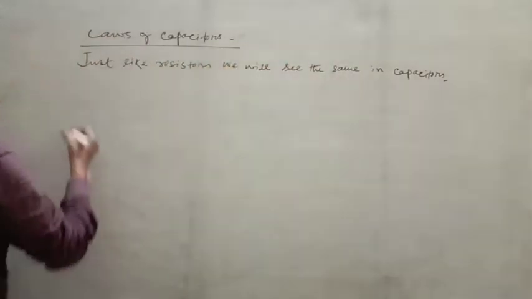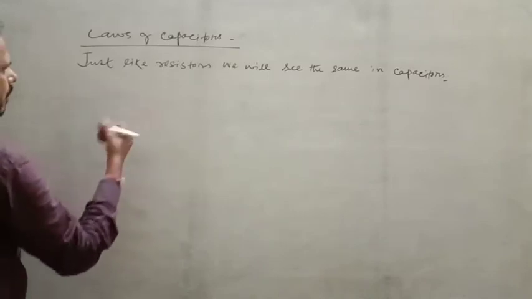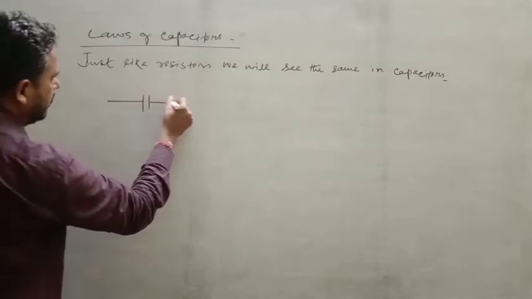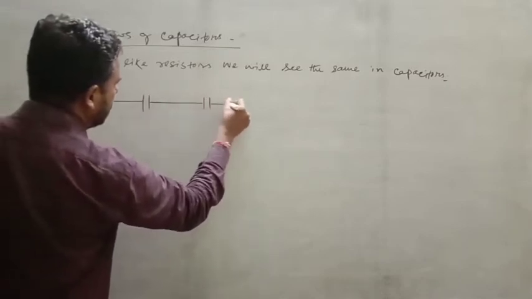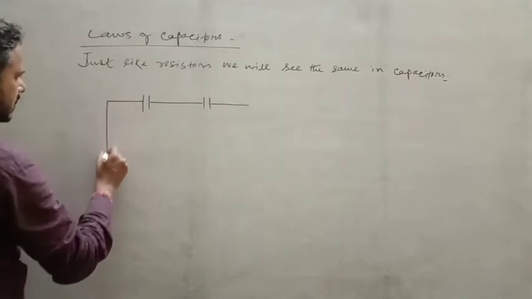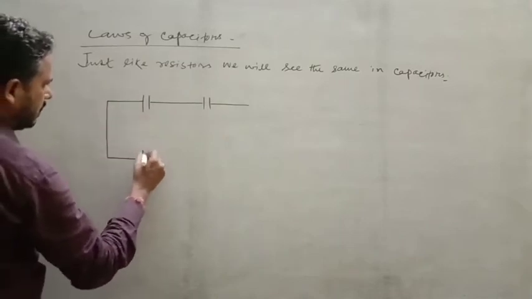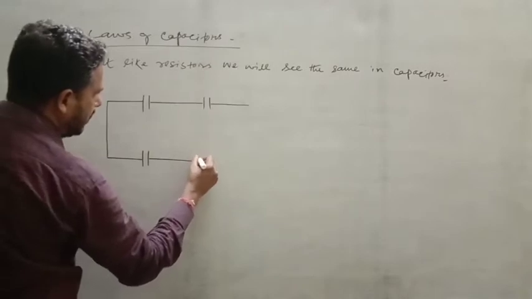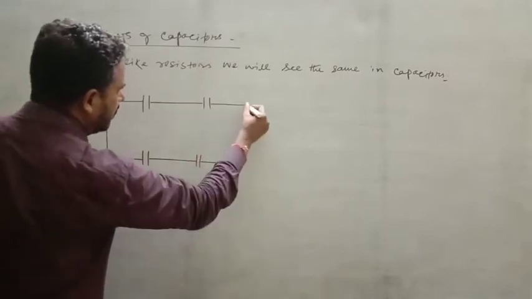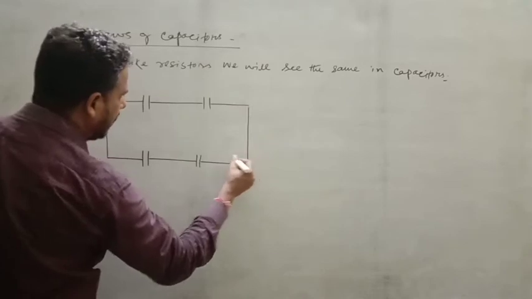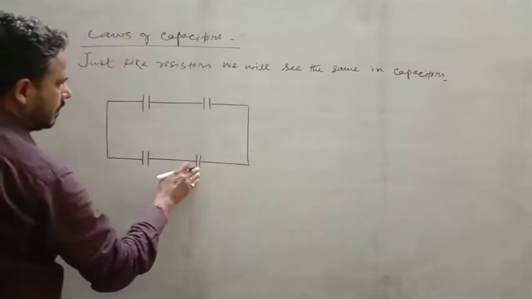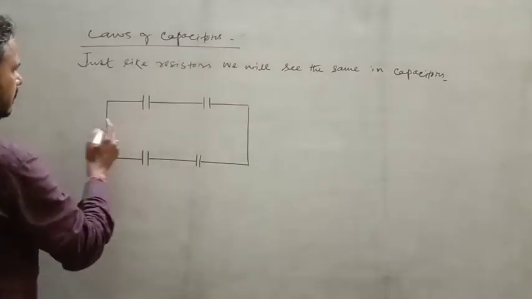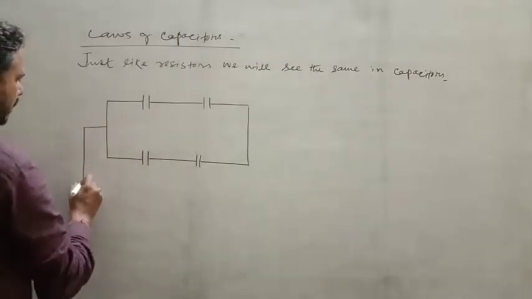First of all, draw a diagram for the capacitors. One capacitor, another capacitor, this one is connected with this one, there is a capacitor, and one more capacitor. This is a system of four capacitors connected with an EMF.